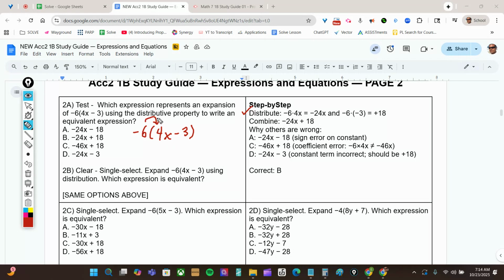So you basically got 2 steps. Multiply the first part and then multiply the second part. So you're going to get a negative times a positive is a negative 24x. Negative times a negative is a positive 18. So obviously that's going to be B.